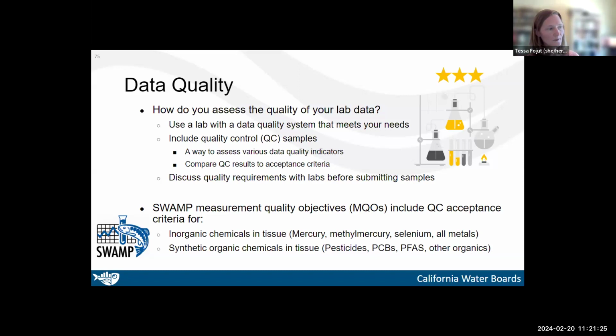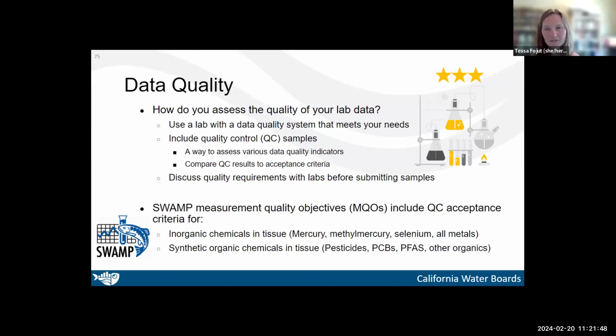We have two categories for tissue. We have inorganic chemicals that would cover mercury, methylmercury, selenium, any metals. And then we also have another set that's for synthetic organic chemicals, like PCBs, PBDEs, the DDTs and other organochlorine pesticides, and it also includes PFAS.